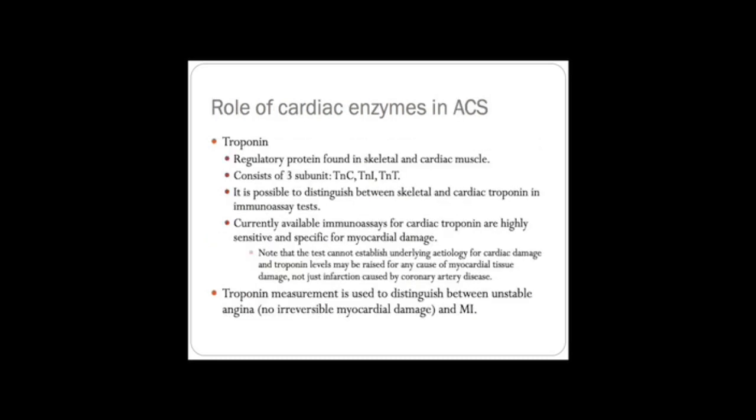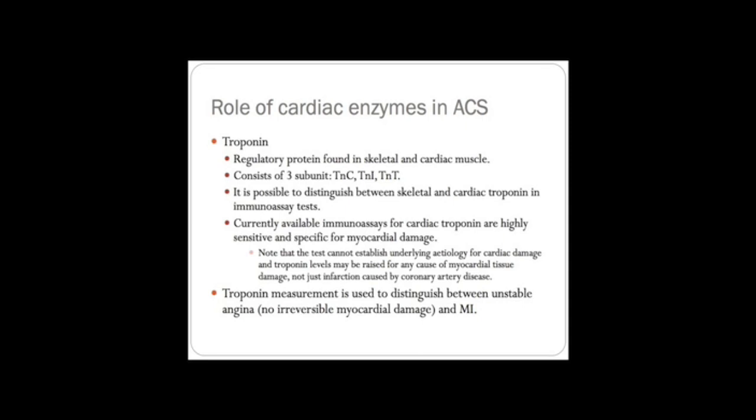Right, so this is how you can work out what's actually going on inside the heart. Cardiac enzymes, in particular troponin. There are lots that have been described, aren't there? That's right. So creatine kinase and several others.